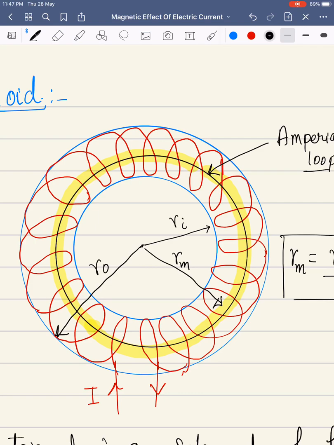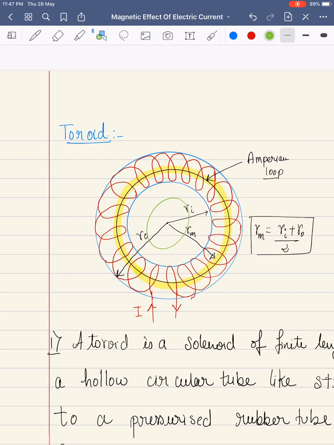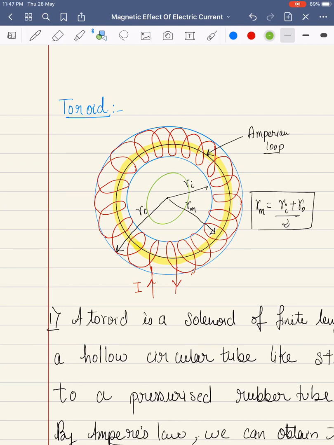If I consider an Amperian loop, this green colored ring, very well within the toroid, the magnetic field would have been 0. So that is why we don't consider the Amperian loop very well within the toroid as well as very well outside the toroid. In both cases, the magnetic field would remain 0. Getting it clearly?